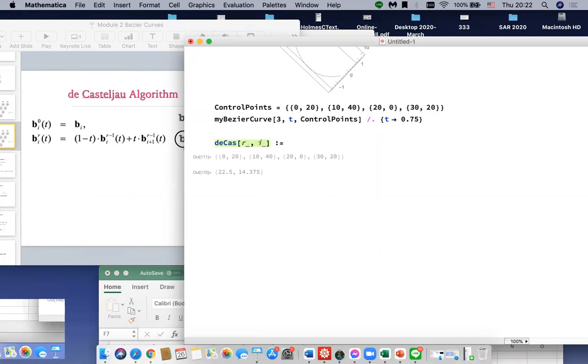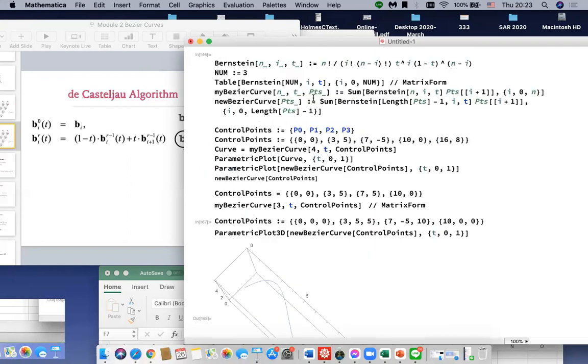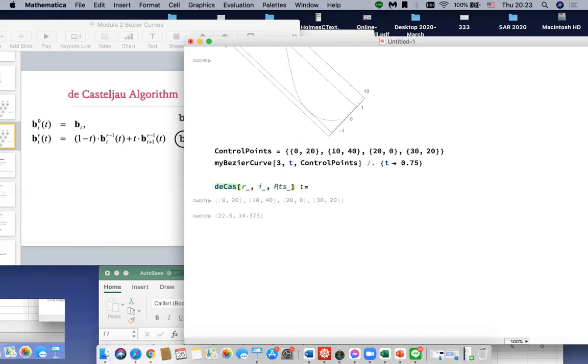If r is equal to 0, we have control points, pts, so it will be pts at i.